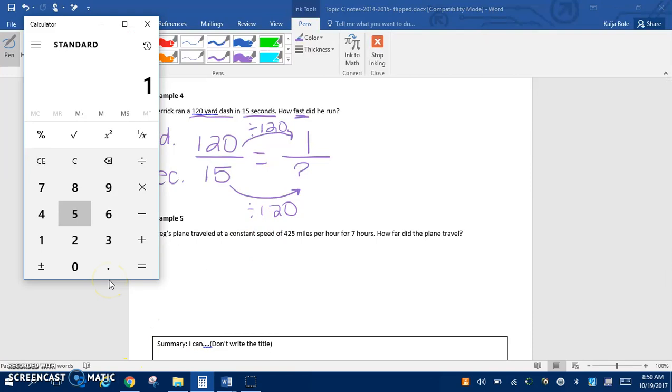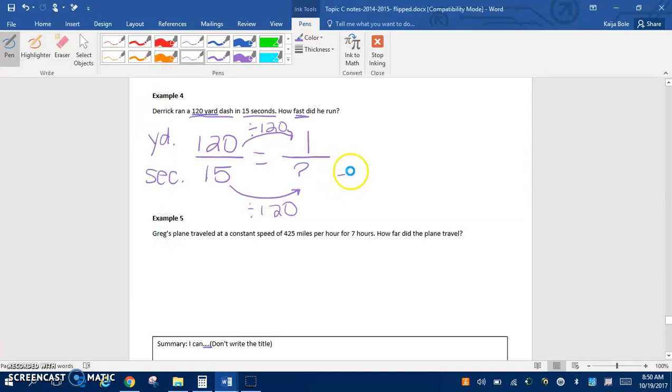If we do 15 divided by 120, we get 0.125. So he ran 1 yard in 0.125 seconds, which is pretty fast.